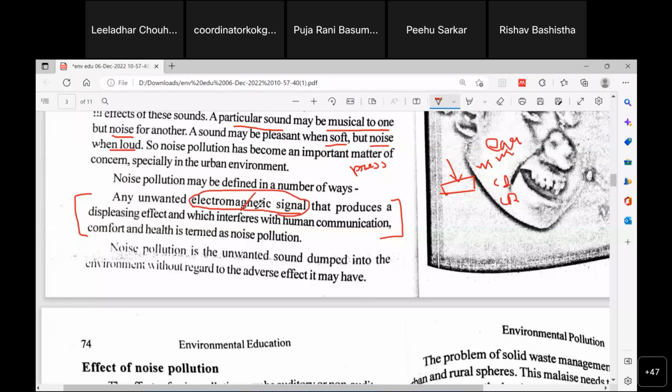You will write this word: any unwanted sound. On your screen, I hope it is visible. So this electromagnetic signal you replace by the word sound here. Any unwanted sound that produces a displeasing effect and which interferes with human communication, comfort, and health is known as noise pollution. That's it. Noise pollution is simply unwanted sound.